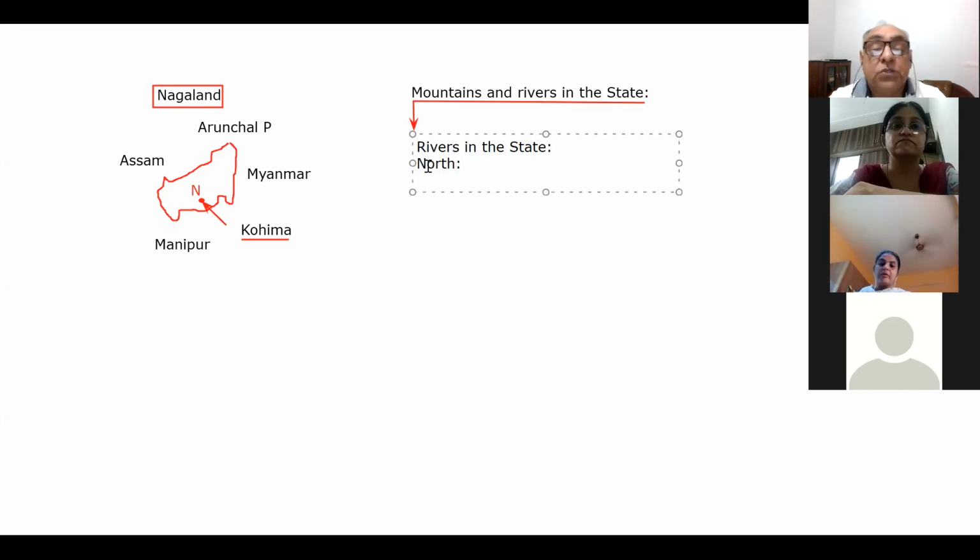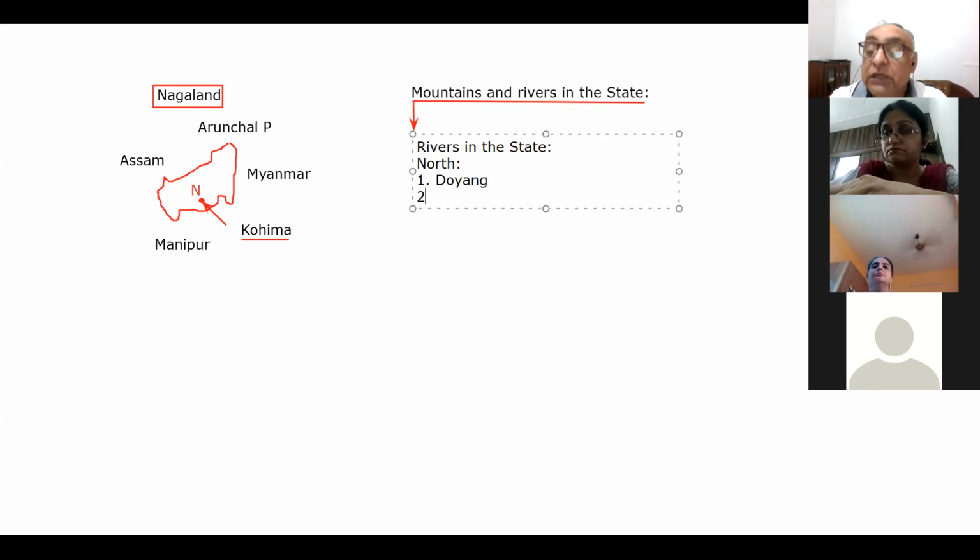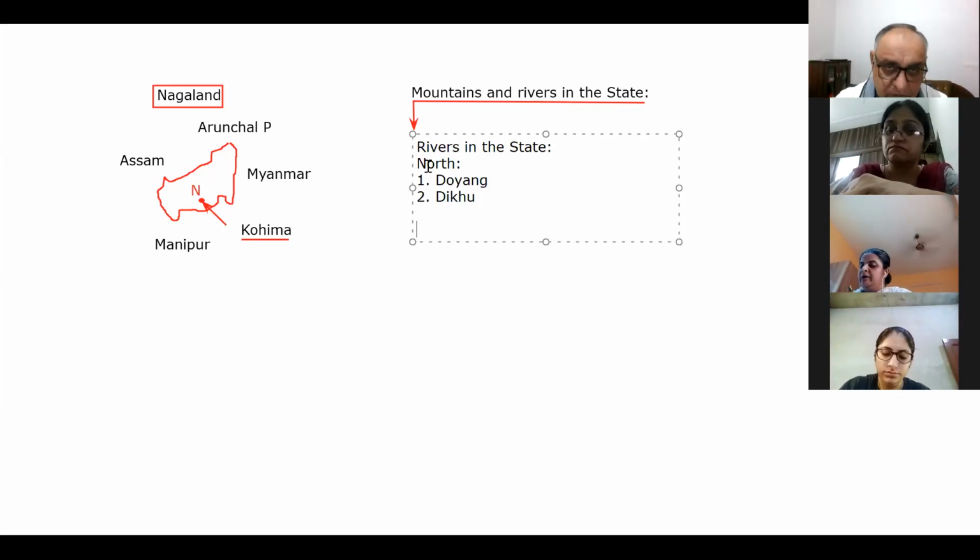Rivers of the northern part include the Toyang River. No need to remember this, this will not be asked, until and unless something special happens there. Both are not required to be kept in memory.